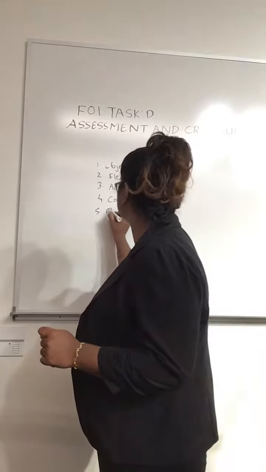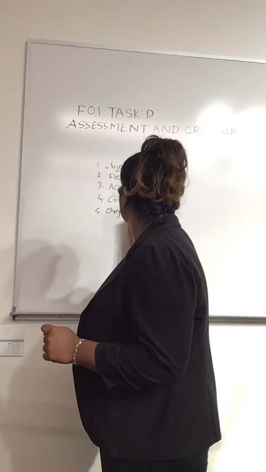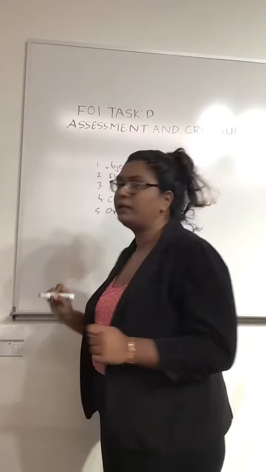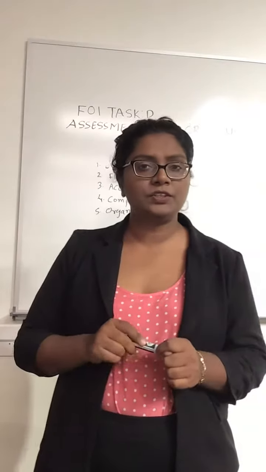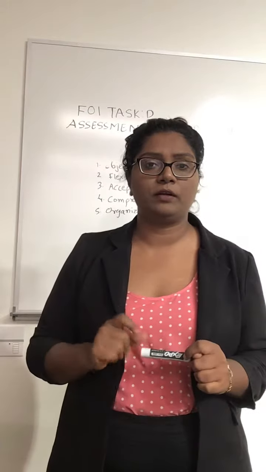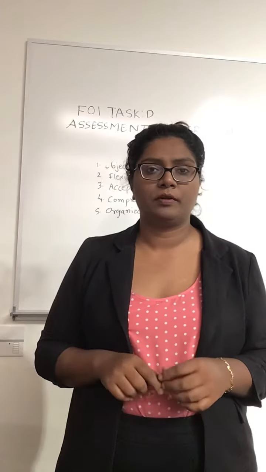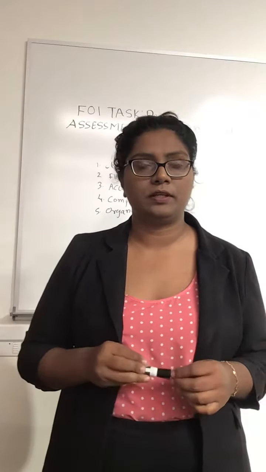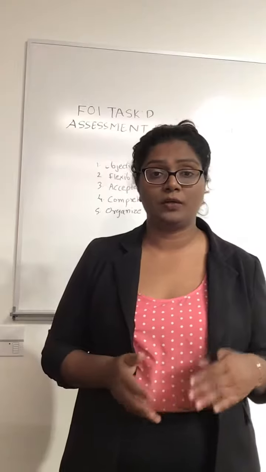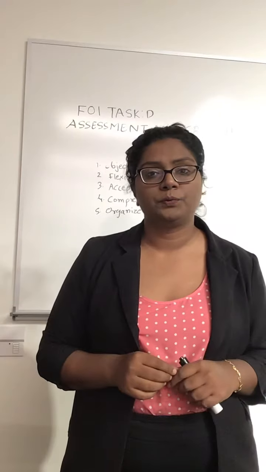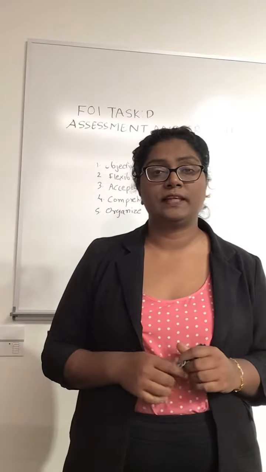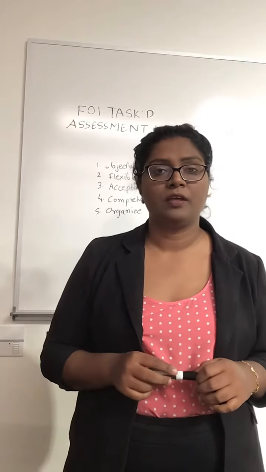Also, it should be organized. Organized means as an instructor, you should be quick enough to assess at the right time. You can start assessing when the student makes a mistake and go backwards to tell the student where exactly he made the mistake.